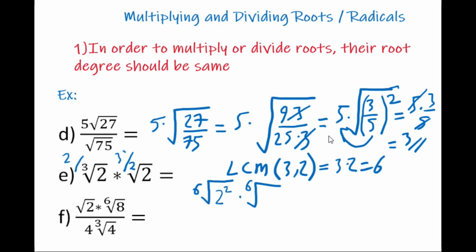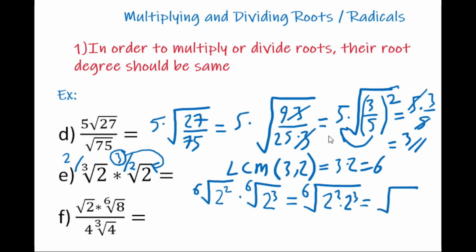And now that 3 comes as an exponent to that 2, so it's going to be 2 to the power of 3. And now they have the same root degrees, so I can multiply them inside the same root this time. So it's going to be the 6th root of 2 to the power of 2 times 2 to the power of 3.